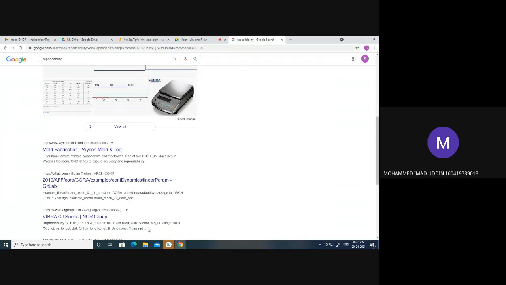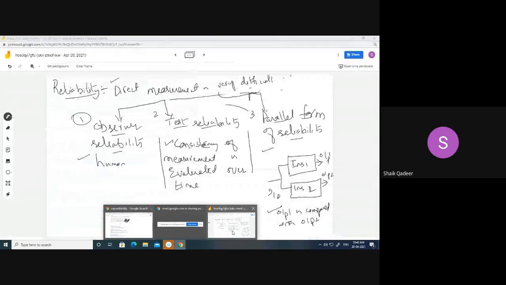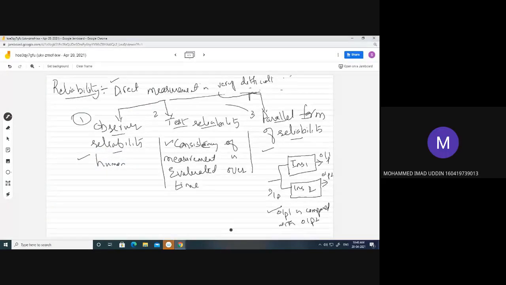Sir, in parallel form of reliability, the results will be accurate, sir? Actually, these are different ways of picking the reliability information. These are performance parameters. Do you mean which method is best among these three?